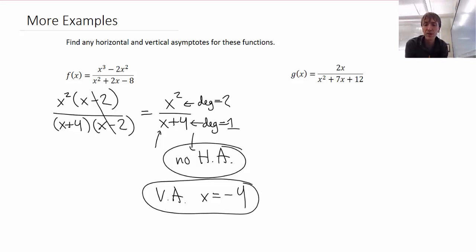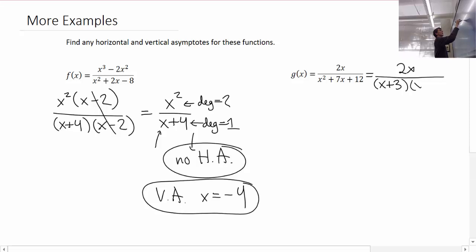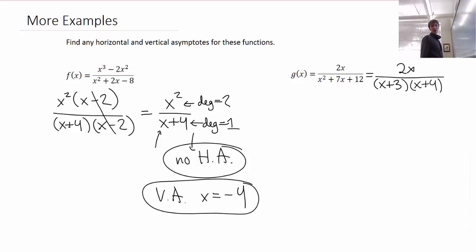And I'm going to go ahead and do the second one as well. Okay, so this equals 2x over x plus 3 times x plus 4. Nothing to simplify here because I don't see any common factors.